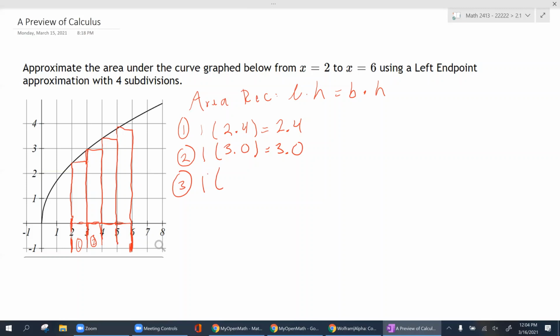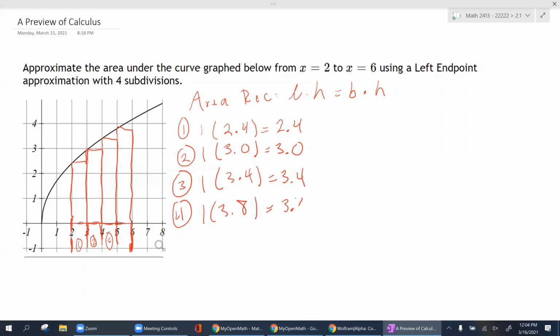My base is again 1, and for this third rectangle, I would say that's not 3.5, so I'll say 3.4. And last but not least, what do we think? 3.8 maybe? About 3.8, so 1 times 3.8.